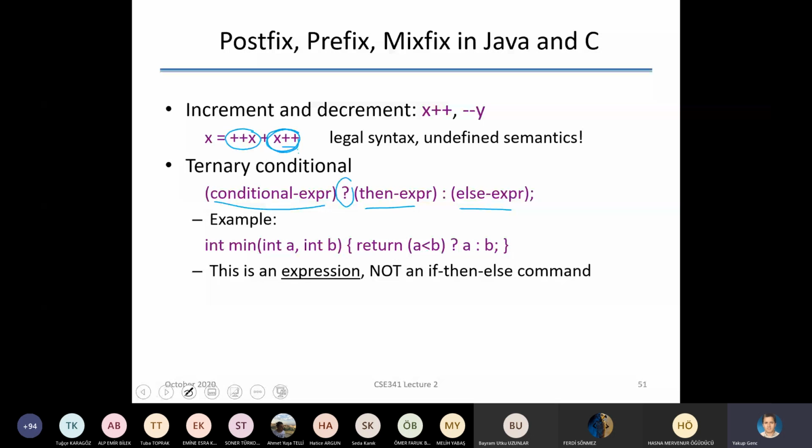So this will actually return a value, whereas an if then else statement or if statement in Java or C will not return a value. It's a statement versus an expression. A ternary conditional is an expression. And you can see that this is kind of a mixed fix notation.